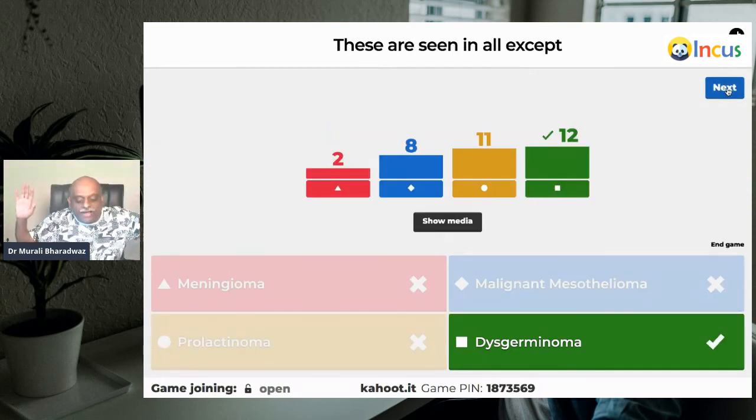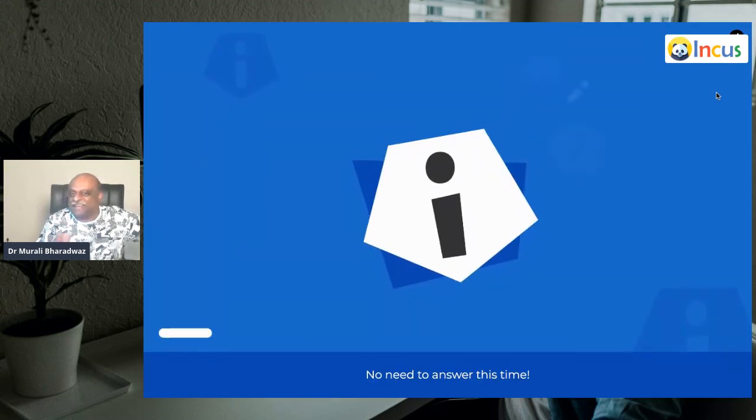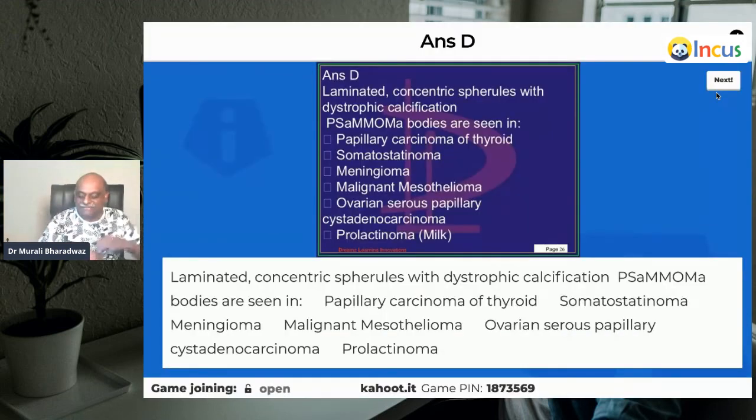Twelve of you are right. So what you are saying, doctor, Sairam is on the top. Vaishnavi just was reaching him.